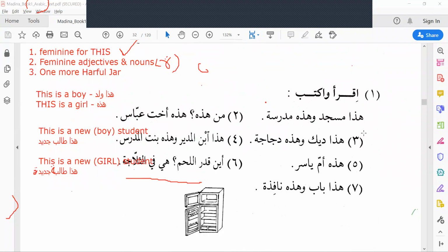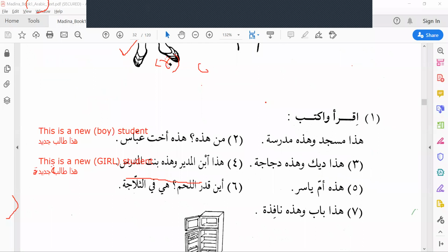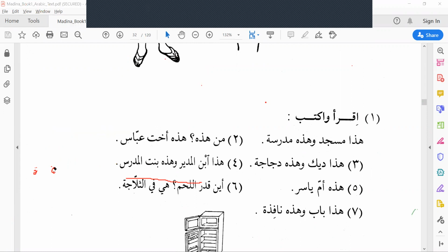Iqra wa uktub. So I think mostly take this as homework. You guys have to improve your home assignments. If you don't do the exercises properly, you might have difficulties when we learn the lessons hereafter, after 10, after 15.